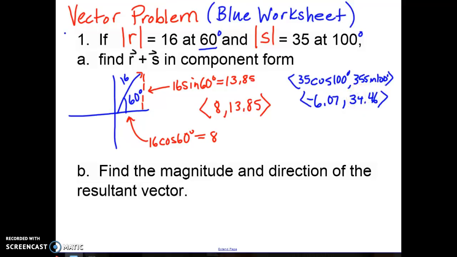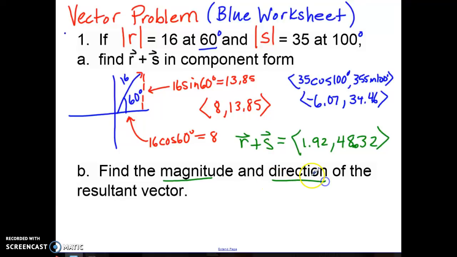Okay, so if we want to find the components of a resulting vector, adding these two together, we would get 1.92 and 48.32. Now we can use those components to find our magnitude and also to find our direction.